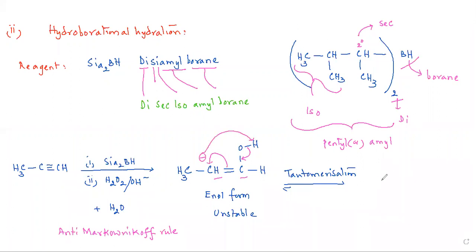So that will give us CH3, then CH2, then C double bond O, H. So we get an aldehyde, of course known as keto form. So mercurational hydration is used for the preparation of ketones, whereas hydroborational hydration is used for the preparation of aldehydes. Right? That's it.